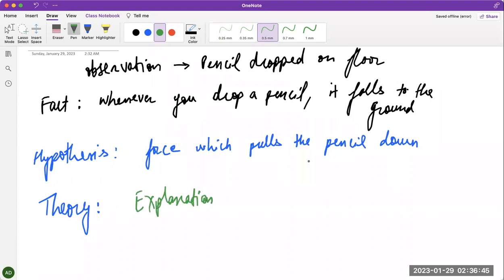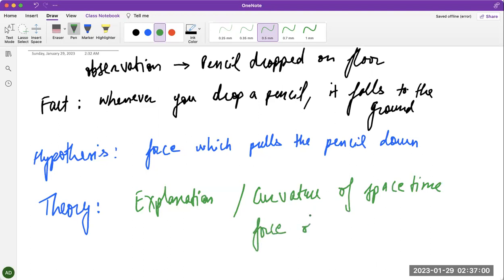So the explanation for that is the curvature of space-time, which gives rise to the force of gravity. And who is able to curve the space-time? Any object that has mass is able to curve the space-time around it. Okay, all right, so that is the theory, right?